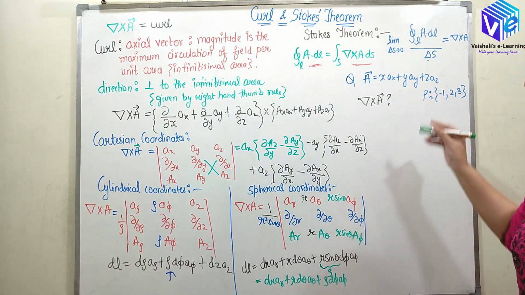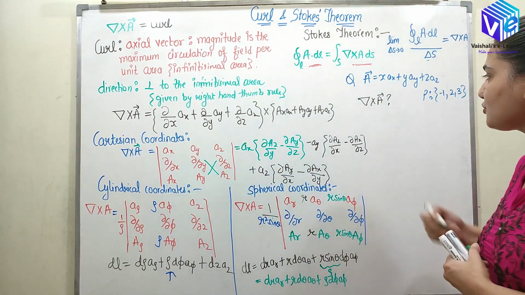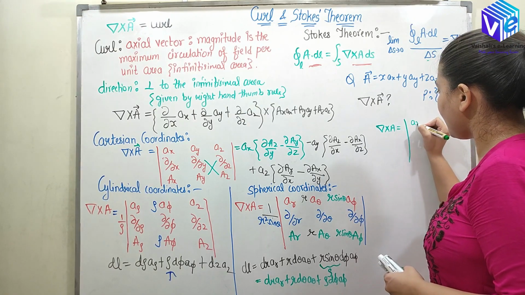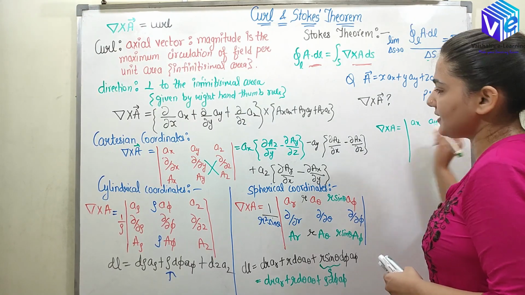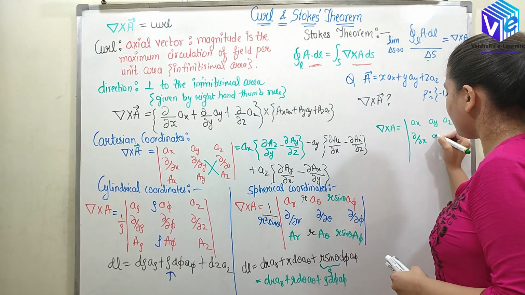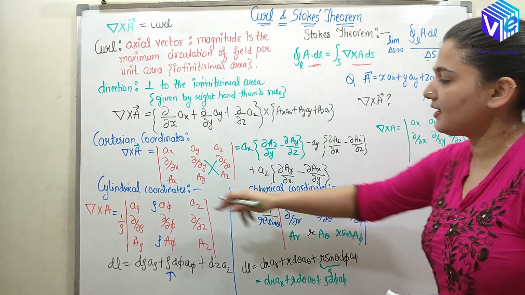It's a Cartesian coordinate system, so I will be putting the values in this equation. So del cross A will be equal to, so here I have ax, ay and az, and here I'll also be having del by del x, del by del y, del by del z.